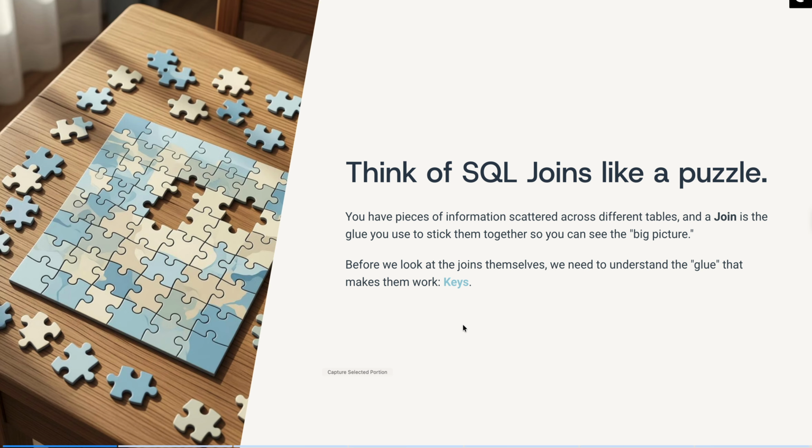So we can't keep everything in one single table, so that's why we divided it into separate tables. And when we need specific information, like information from a student, who is that student and who is his teacher, then we combine both tables using the join.